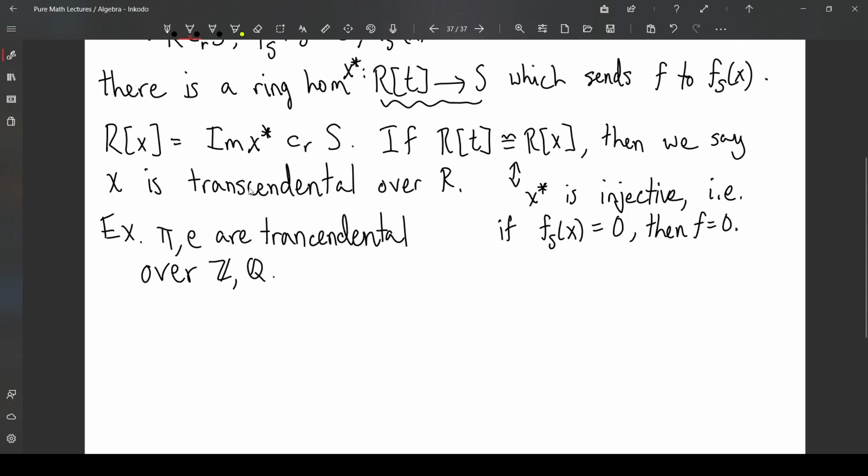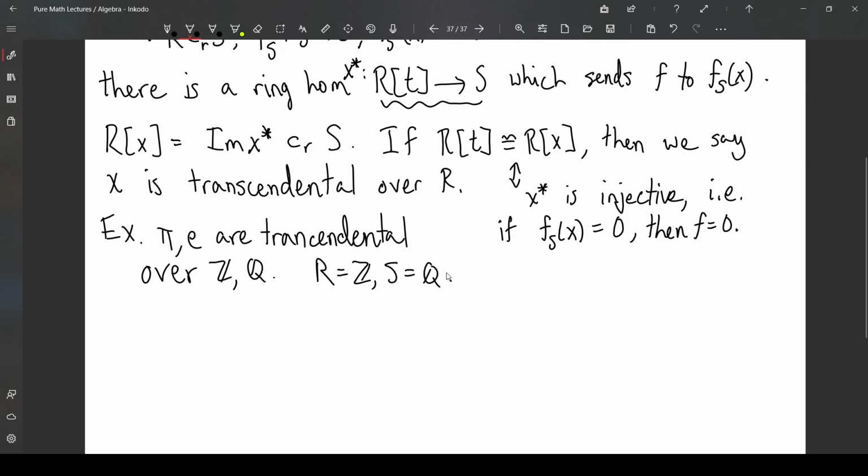Yeah, so these both work since we're dealing with commutative rings. Square root of 2 is not transcendental. Even though, here we might consider the example where R is Z and S is, or rather, S is maybe R, the real numbers.